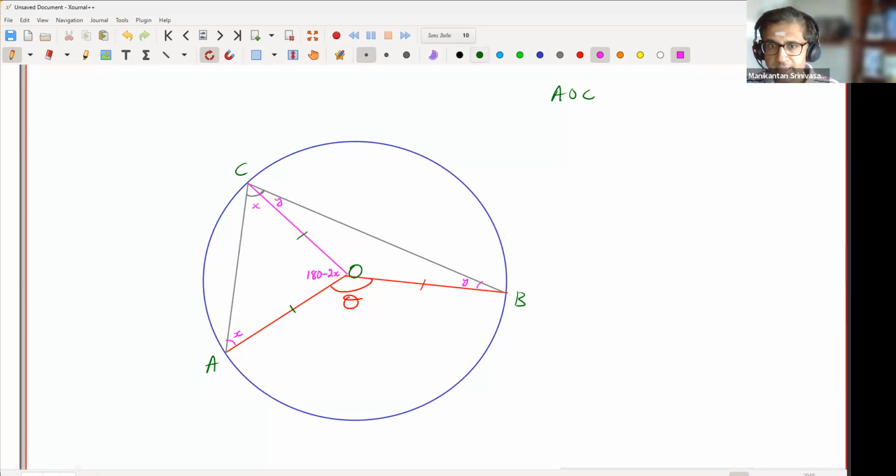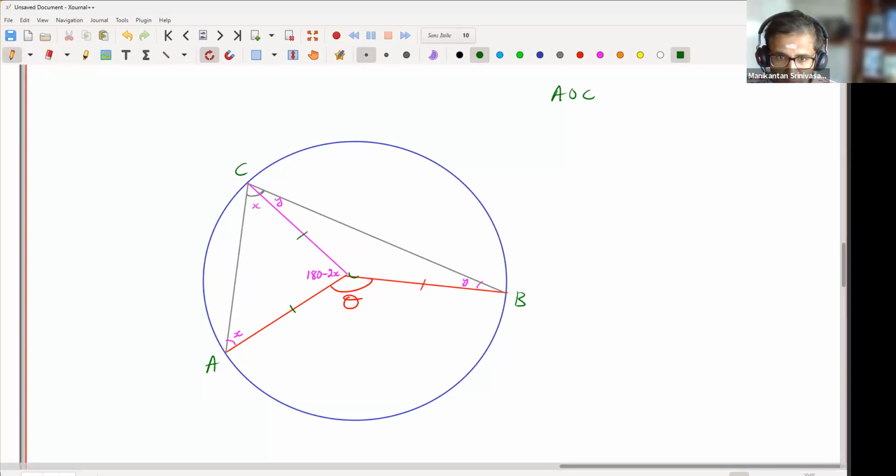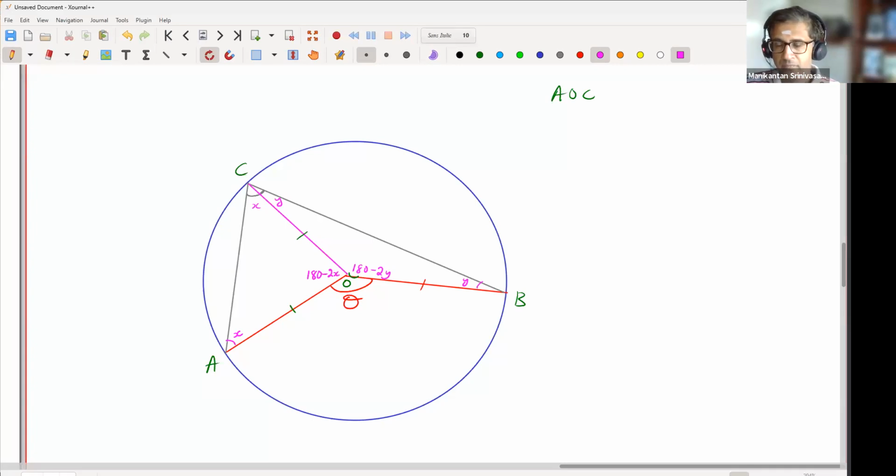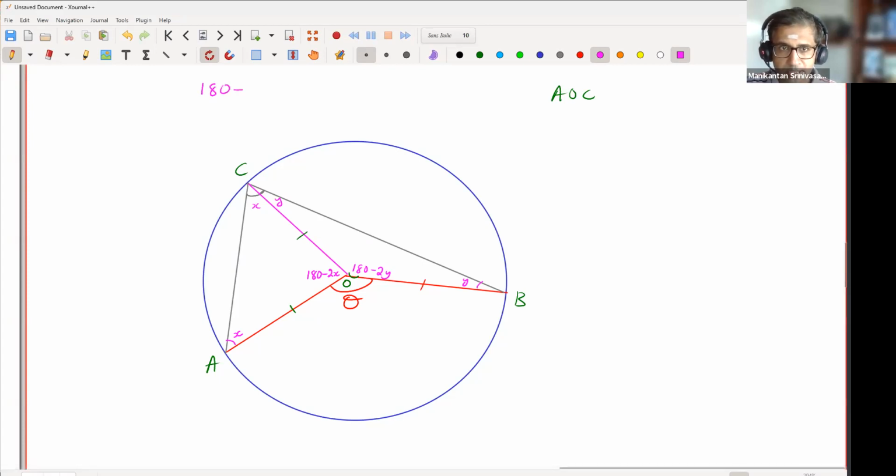Similarly, I'm not going to mark the center as O. Let's assume we all know it's O. Otherwise, it's too much. So this is O. And similarly, this angle here is 180 minus 2Y. Now, at the center of the entire circle, there are three angles which add up to 360. What is that?